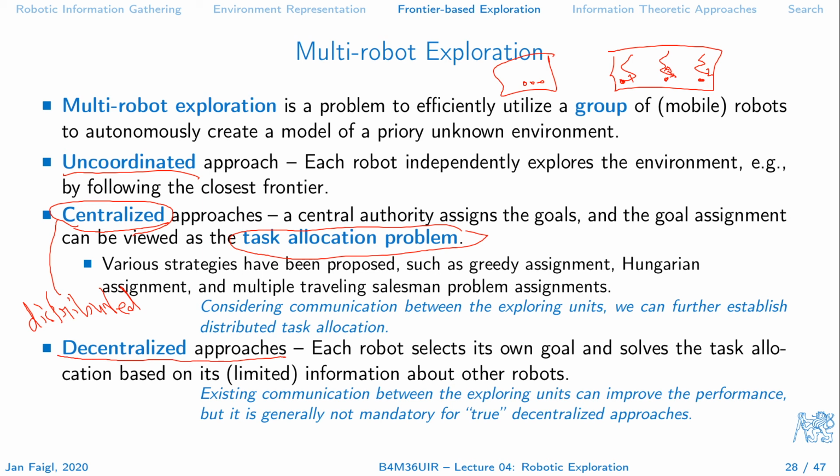They don't rely on communication. If communication exists, the exploring units can improve the performance by exchanging information, the maps, and so on. But sometimes you can find in the literature that distributed and decentralized approaches are mixed together. The terminology is not fixed, and also depends on Europe and other countries, especially for the swarm. But that's out of this lecture.